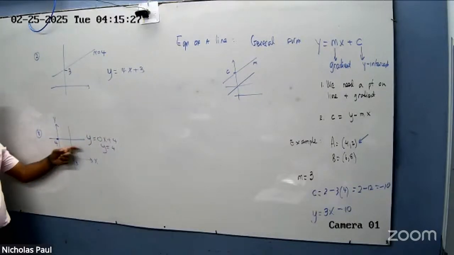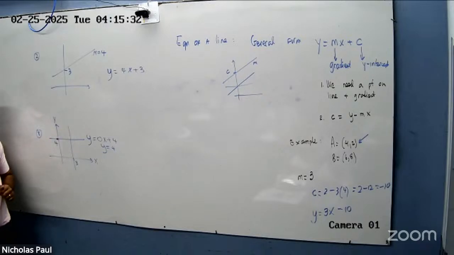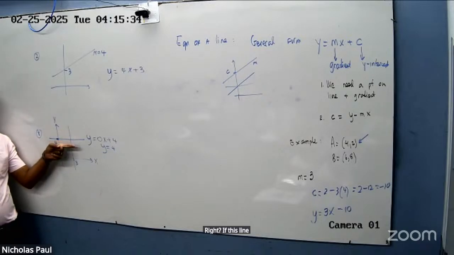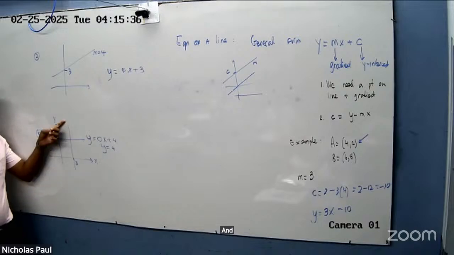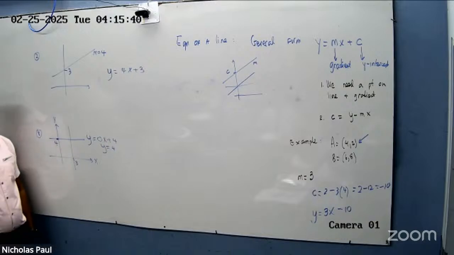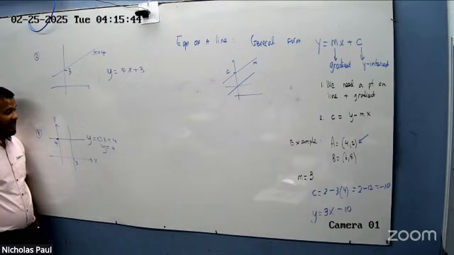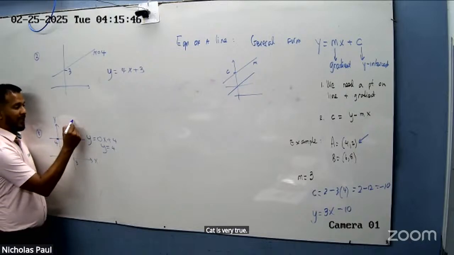Right? So that was the horizontal line. Now the vertical line. If this line is y is 4, what do you think this line will be? That's right, 3. So you're partly correct.